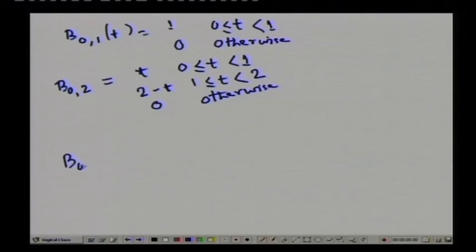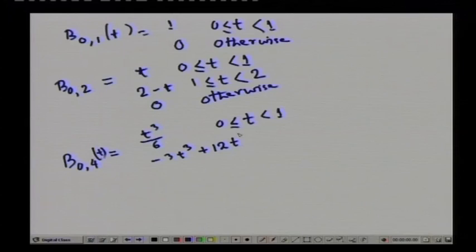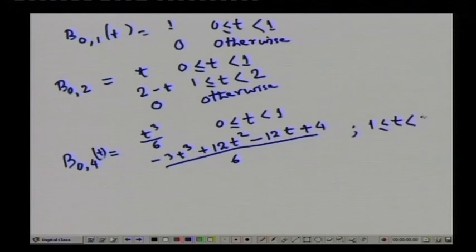B 0 4 t is defined as t cube by 6 for 0 less than or equal to t less than 1. It is defined as minus 3 t cube plus 12 t square minus 12 t plus 4, divided by 6, for 1 less than or equal to t less than 2.